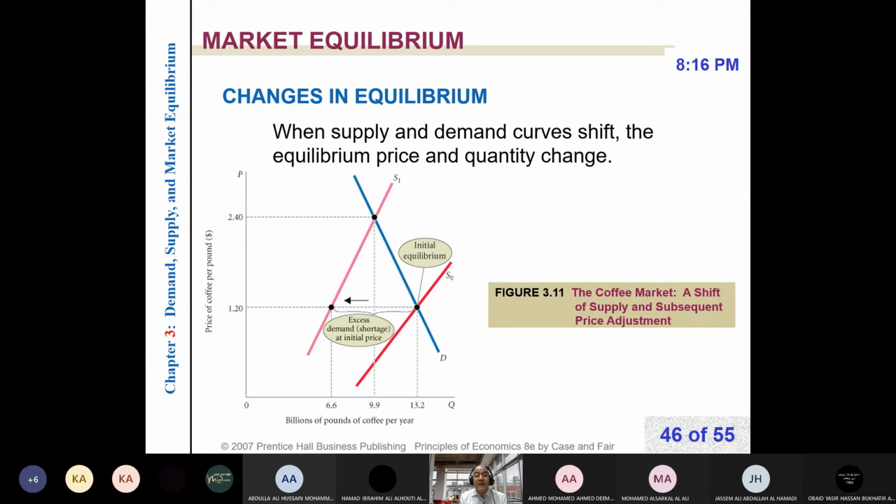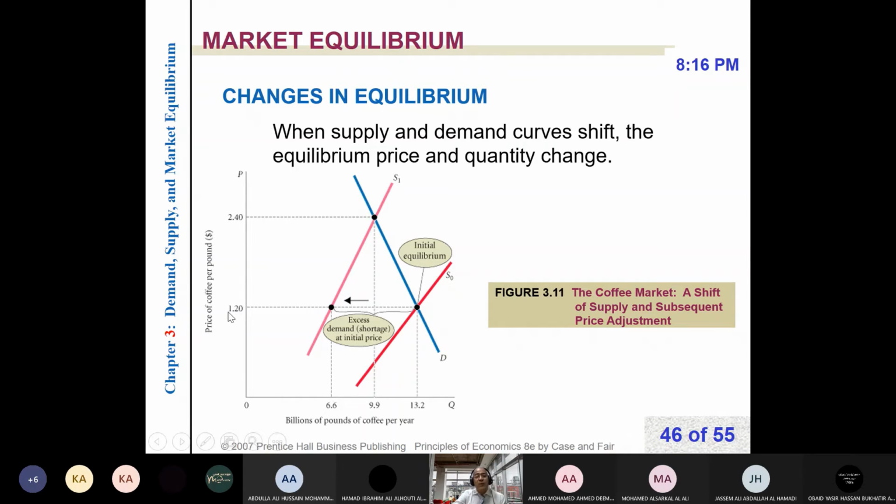So the supply curve will shift to the left. This is a decrease in supply. Okay, so now focus on the market demand curve, which is the blue curve, and the light red, which is the new supply curve after the increase in rent.